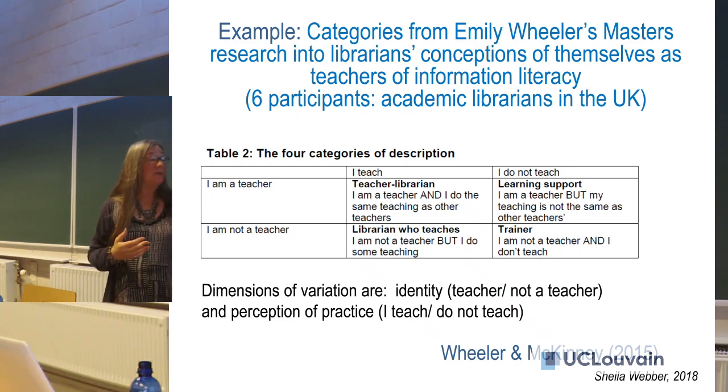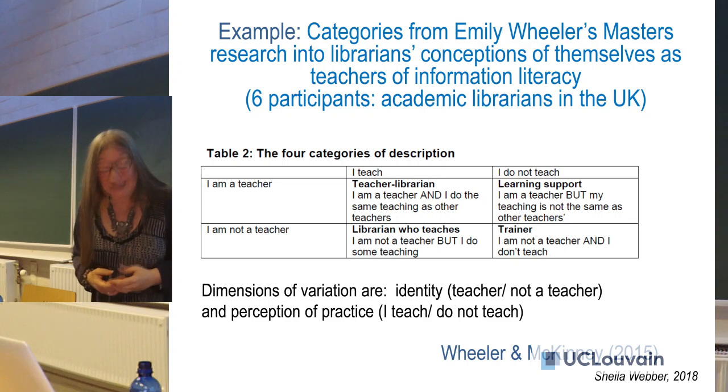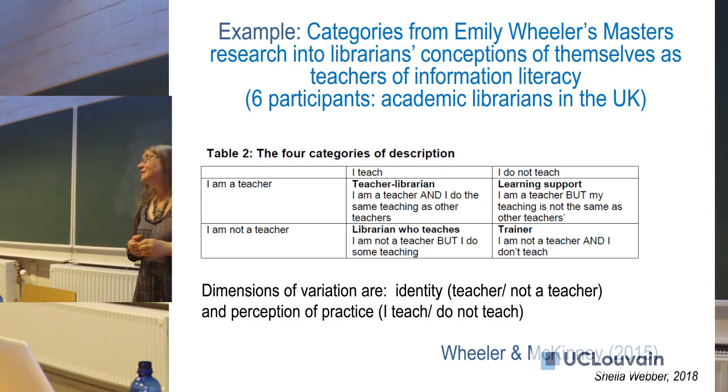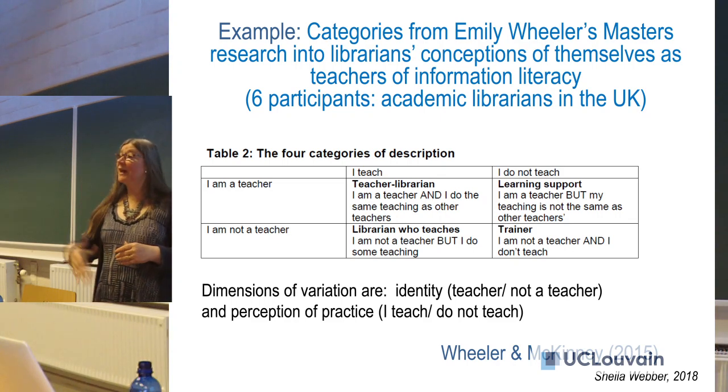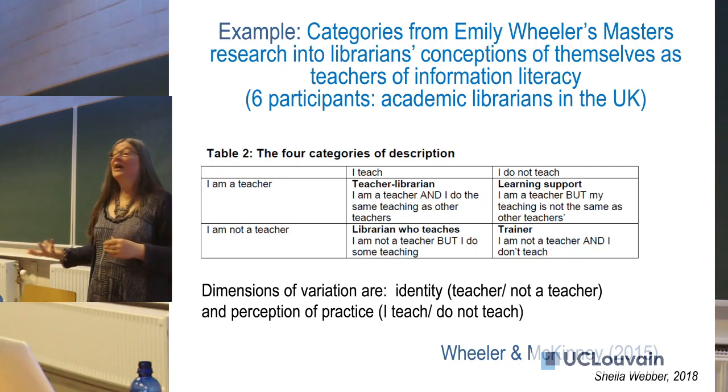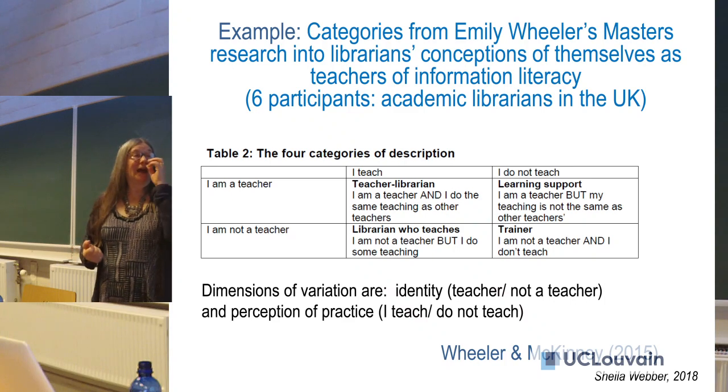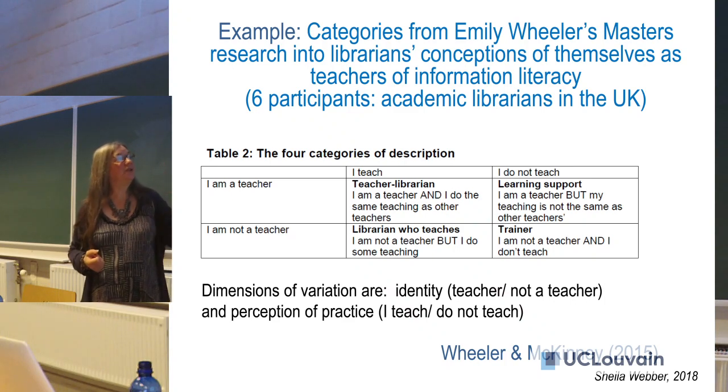This one was actually supervised by my colleague Pam McKinney, and I've used it because, as I'll say in a moment, we have actually used this in teaching, and people outside the information school, librarians, have said they found it valuable for their reflective practice. And so here there are two dimensions of variation.